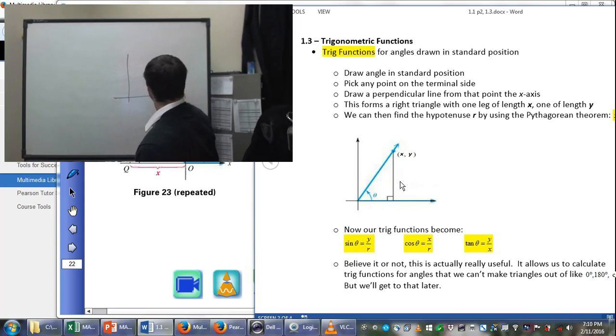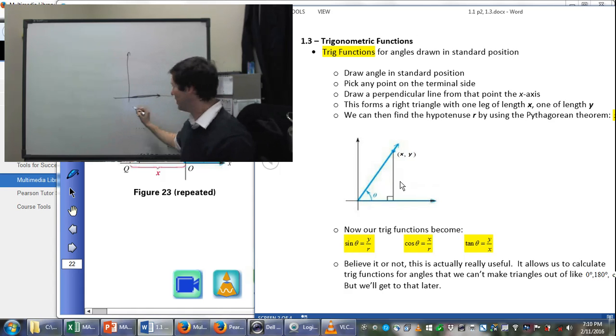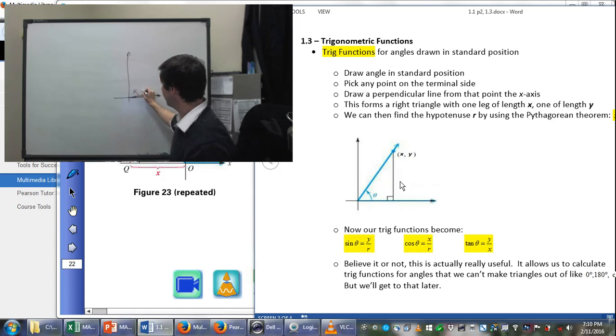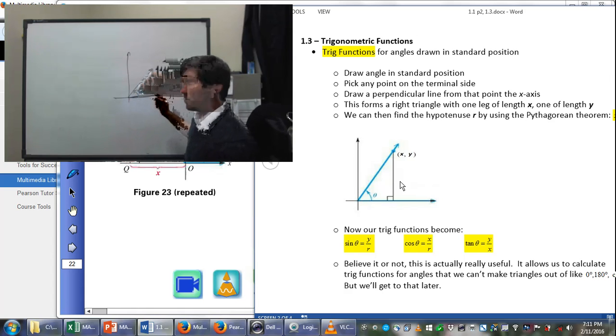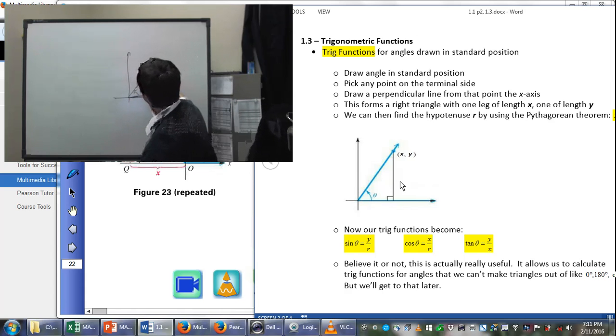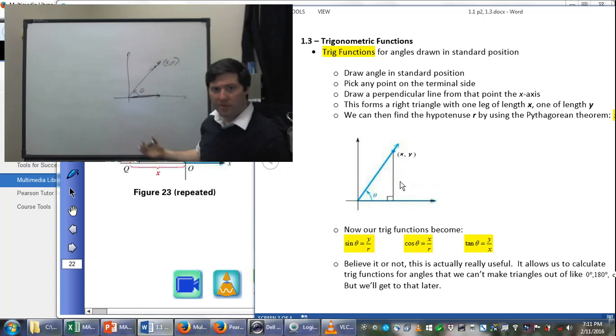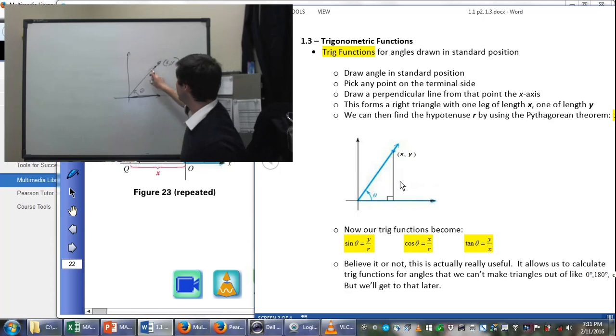Okay, so looking at our picture here, and I'll erase this other stuff. We don't need that anymore. In fact, I'll even erase that. So looking at the triangle, looking at the angle from our notes. We started with our initial side.